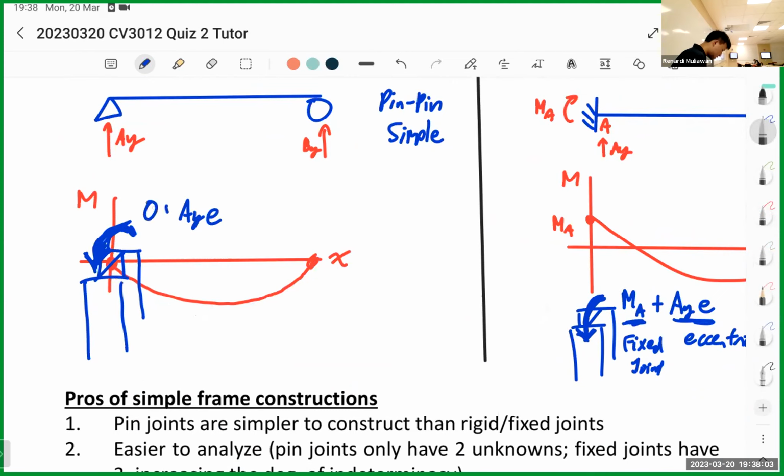So it's 0 plus AY times E. There's two components, one from the BMD, one from the eccentricity. But in simple construction, we only care about the eccentricity. We don't care about the BMD because it will always be 0, since it's all pin.